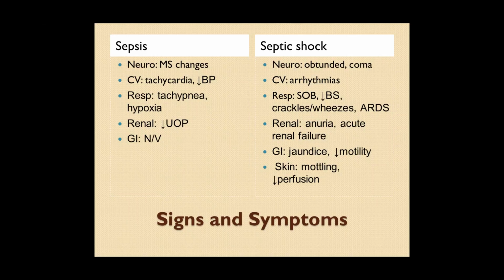Respiratory changes associated with sepsis include tachypnea or hypoxia, which can progress to all-out acute respiratory distress syndrome if a patient develops septic shock. Renal changes include a decrease in urine output that again can progress to complete anuria or acute renal failure in septic shock. And GI changes of sepsis may include vague nausea and vomiting, which can progress to encompass jaundice and decreased GI motility if septic shock develops. Skin changes associated with septic shock may be noted in the form of skin mottling or hypoperfusion.